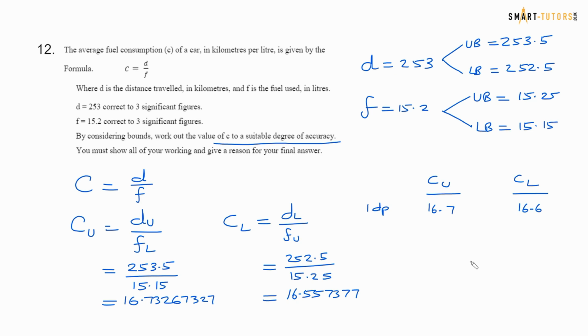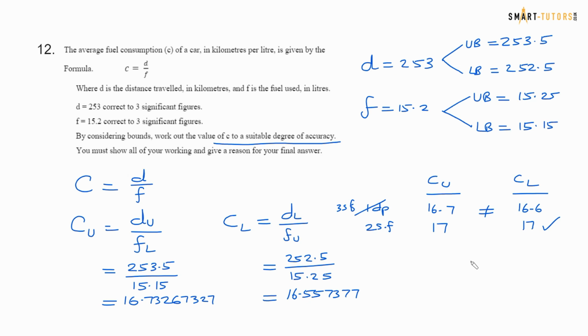So if I approximate to 2 significant figures, 16.7 is going to be 17, and this is going to be 17 as well. If I approximate to 3 significant figures, the answers are not equal.